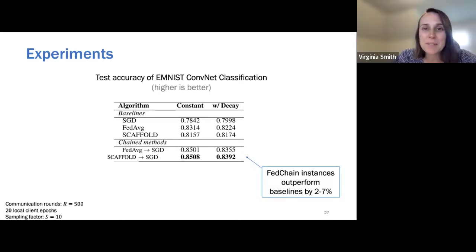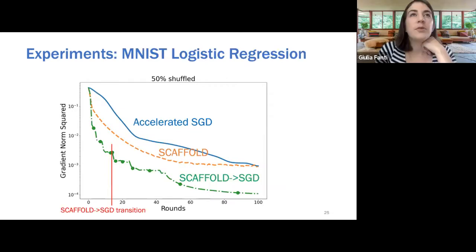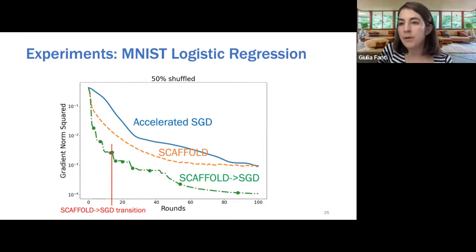Sorry, can I ask one quick question? Can you remind me again how you select when you're making that transition? Is this a fixed number? So there's two answers. Theoretically, it doesn't matter as long as you have a constant fraction of rounds in the local versus the global portion of the algorithm. In practice, we're treating this as a hyperparameter that you tune.